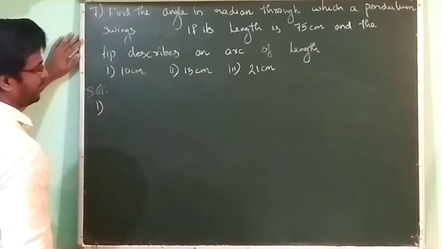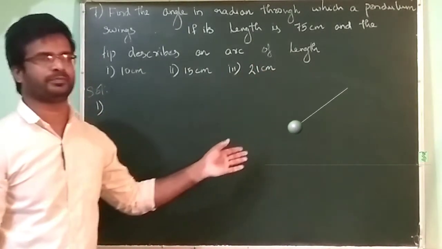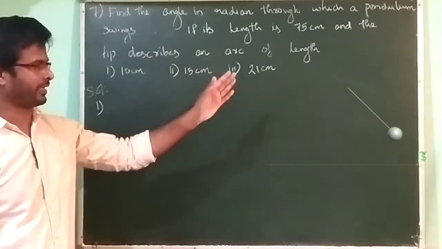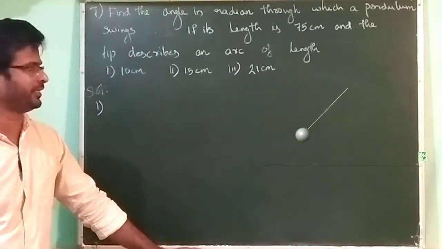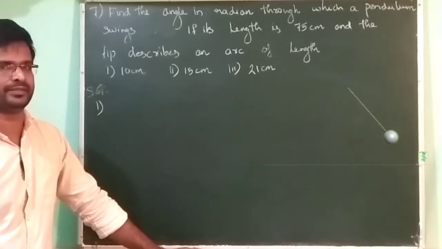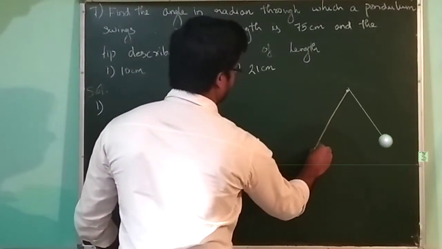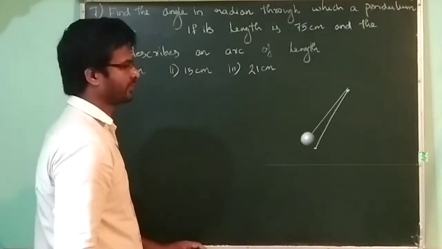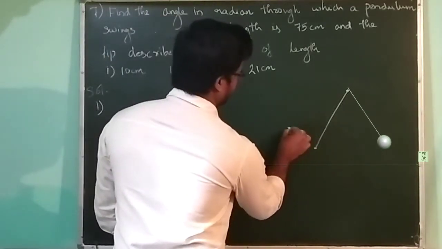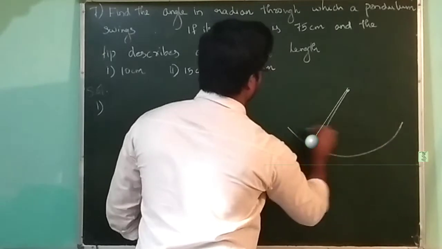First we can do Roman number 1. You can see here one pendulum, isn't it? The length of that pendulum is 75 centimeter.